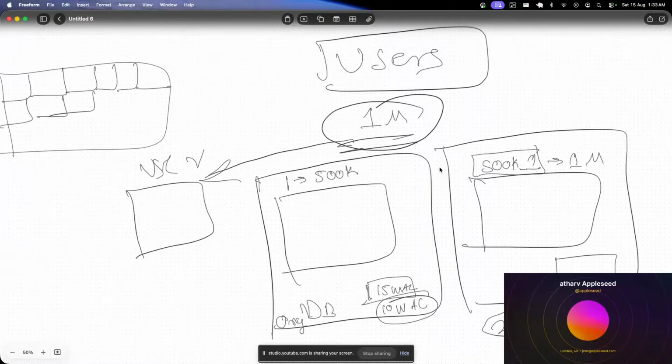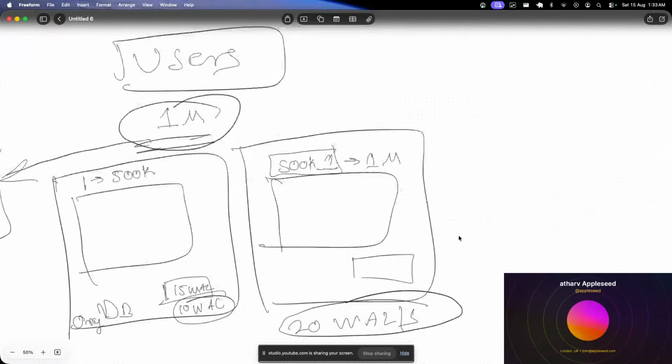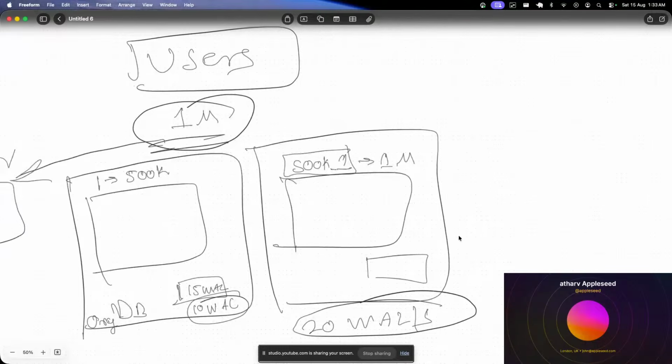We have two separate database entities. This database instance can execute 10 writes, and this database instance can execute 10 writes.